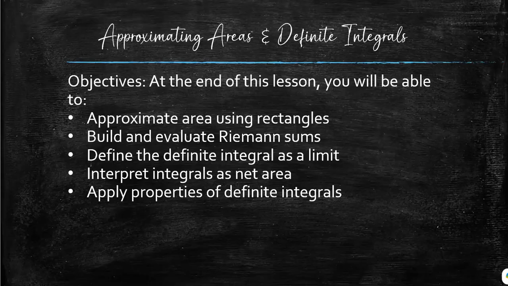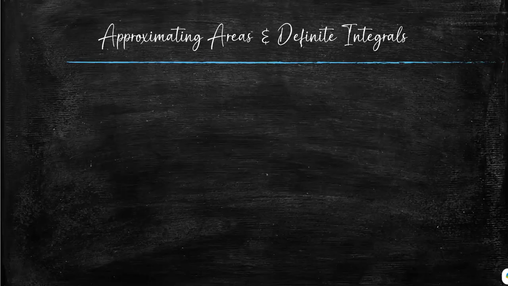Many of these problems can be modeled by finding the area between the graph of a function and the x-axis, and by learning how to approximate and eventually compute such area, we gain a powerful tool that extends far beyond geometry. For example, the area under the velocity curve gives the total distance traveled, and the area under the probability density curve gives the probability of an event.